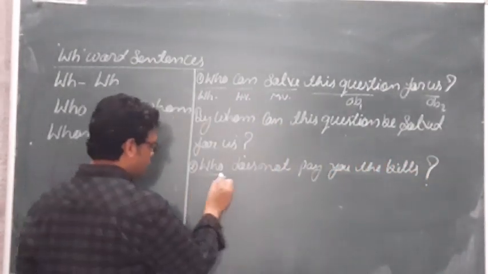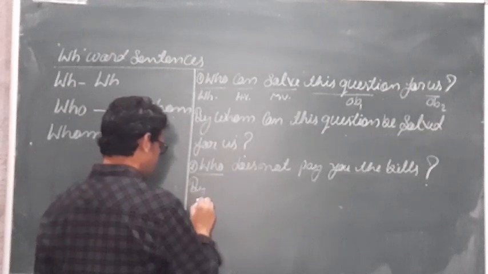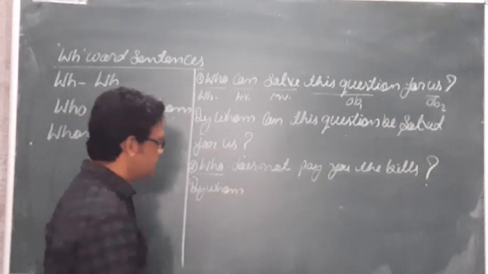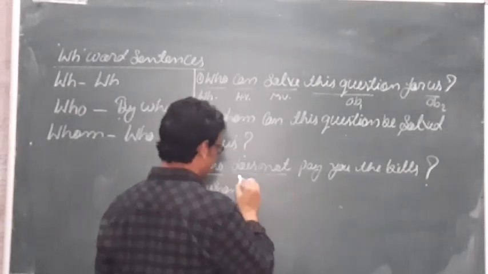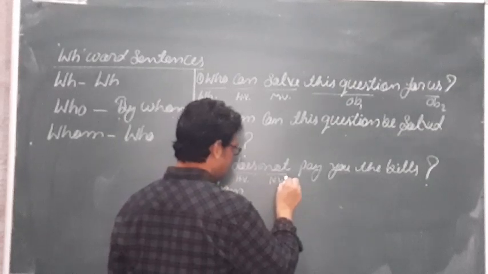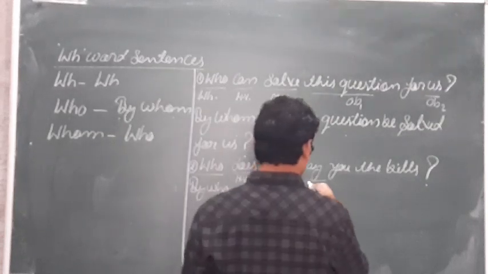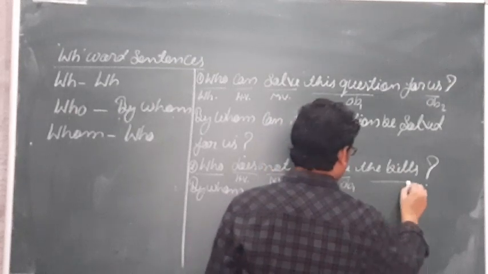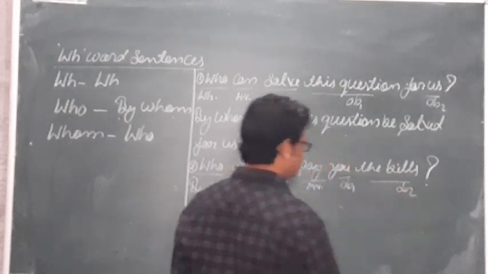Okay. Now who into by whom. This is the helping verb, this is the negative word, this is the main verb, this is object number 1 and this is object number 2.